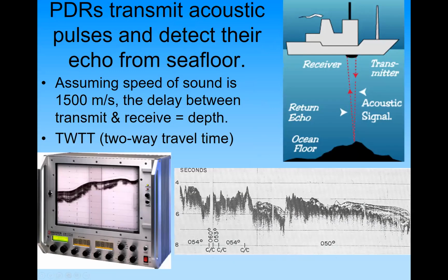So this is the ability to measure in a continuous line the depth of the ocean. And as we talked about on Tuesday, this is a precision depth recorder that's recording the ocean depth over a course of about 150 or 160 miles of distance here.